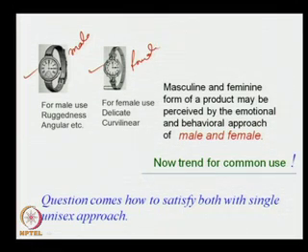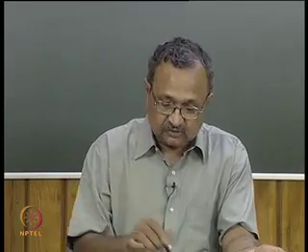But why? After seeing this form, it says ruggedness and more angular type. For female use, delicate and curvilinear. So, what aspects give us this type of feeling? If we can incorporate them in design, then it may give male and female.